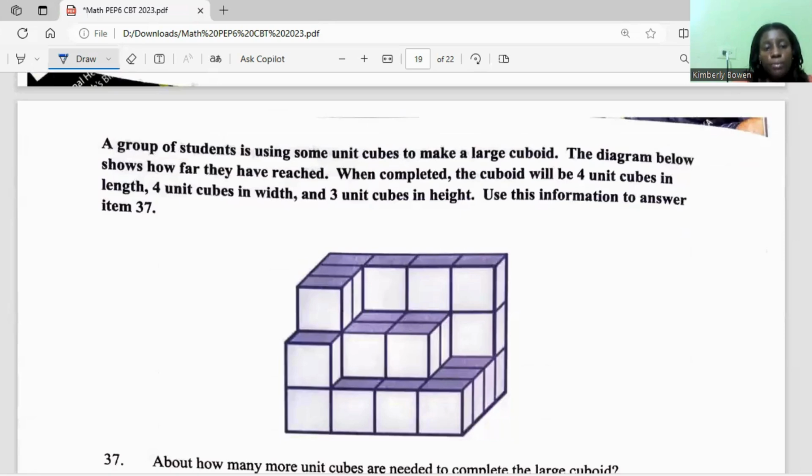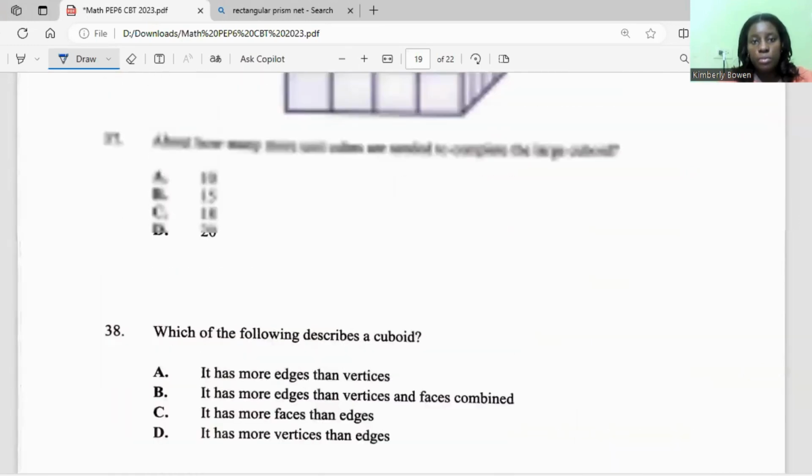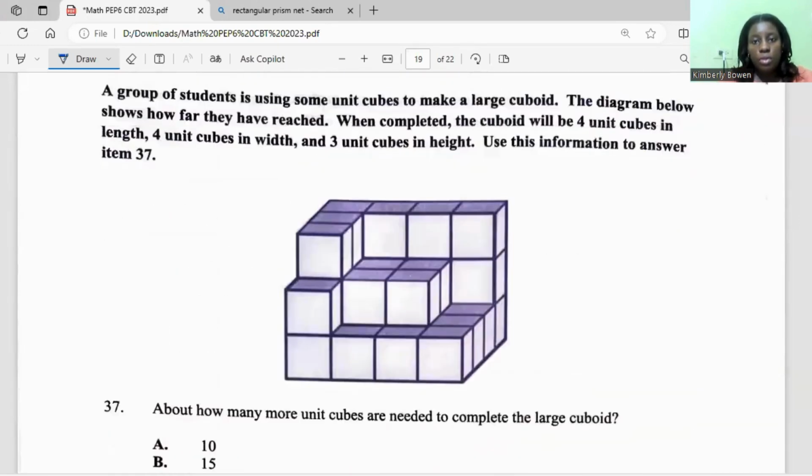A group of students is using some unit cubes to make a large cuboid. The diagram below shows how far they have reached. When completed, the cuboid will be 4 cubes in length and 4 cubes in width and 3 cubes in height.